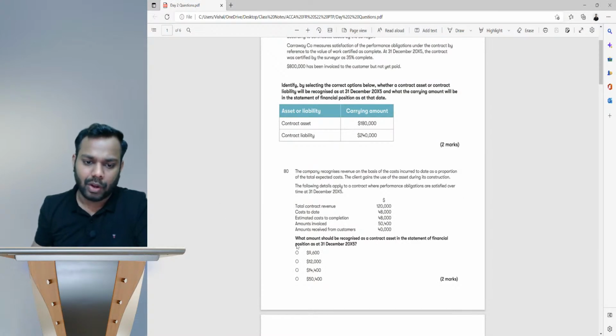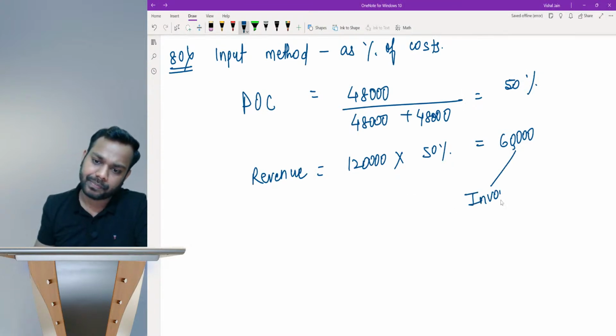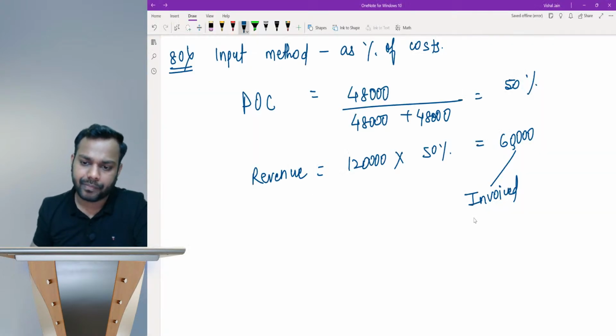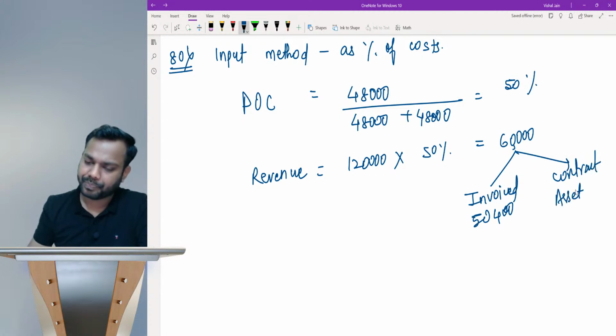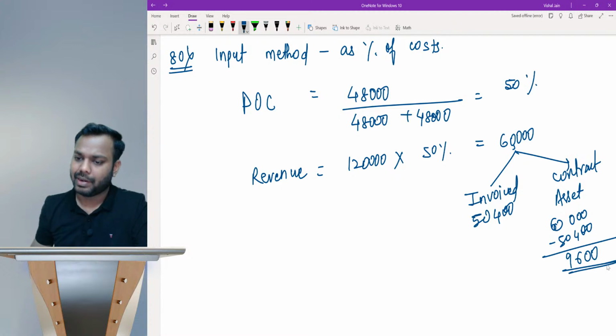Now what is the question? What amount should be recognized as a contract asset? So this is the amount of revenue, out of which how much is invoiced? How much is invoiced to the customer? 50,400. So what is your contract asset? The remaining part, right? It is 60,000 minus 50,400, which is 9,600. 9,600 is the amount.